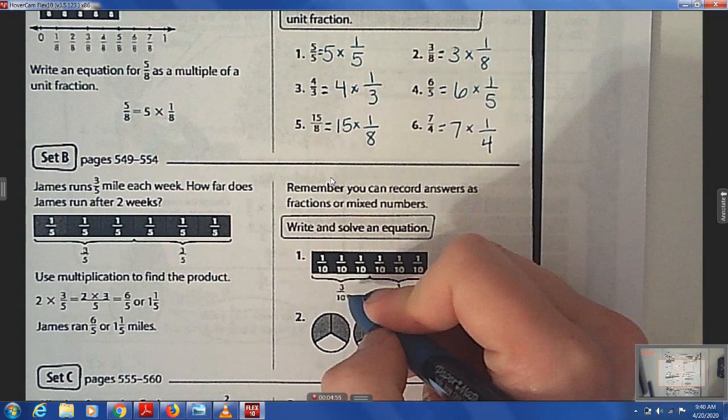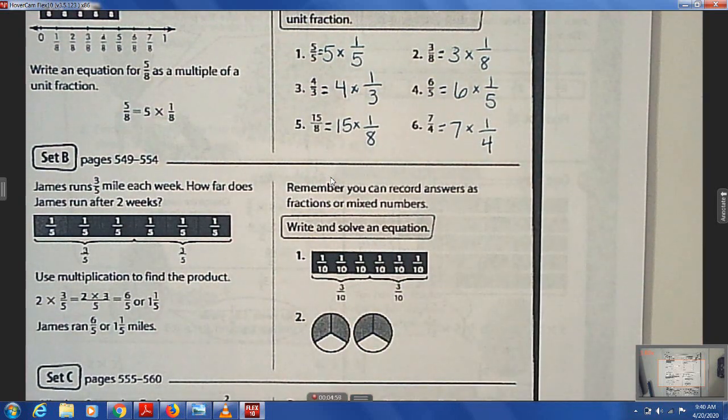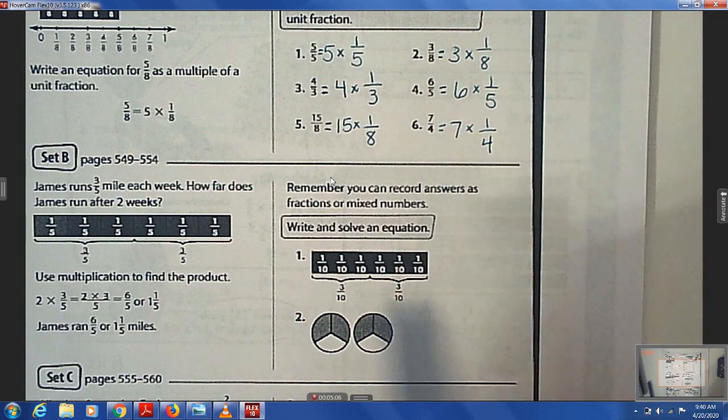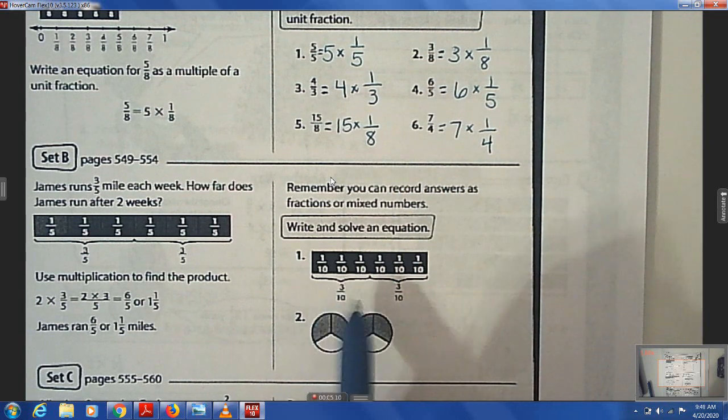So thinking about how to solve these, you look for the fraction and how many times it's repeated. So really you could form two equations here. You could form 1/10 times 6 or 3/10 times 2.